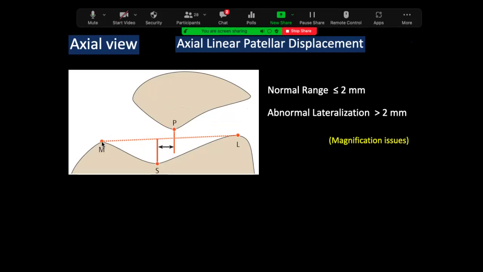One reference line from the medial and lateral condyle, we draw one line from here, then perpendicular to this median ridge, another line is drawn from the median line, and this distance should be less than or equal to 2 millimeter. If it is more than 2 millimeter, then we know that there is a lateral patellar displacement, and this is also one feature of patellar instability.